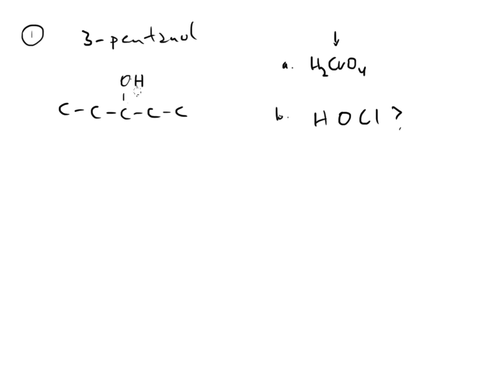It looks at the H on the O and it goes bleep, off it goes. It looks at the hydrogen on the carbon, bleep, off it goes, and we get another double bond that forms. It's the same product. So this question's not as difficult as it might seem in the beginning.